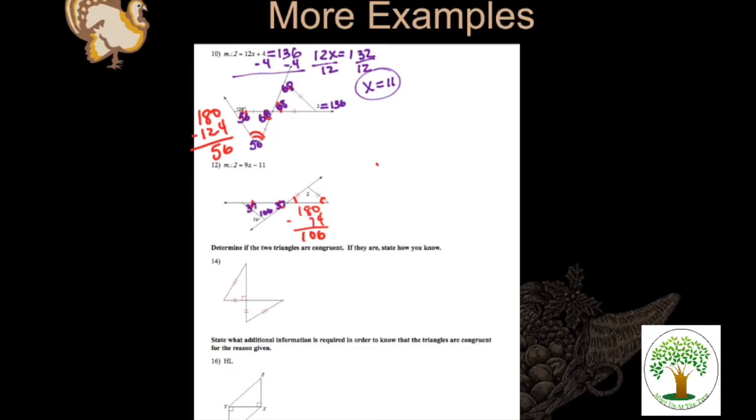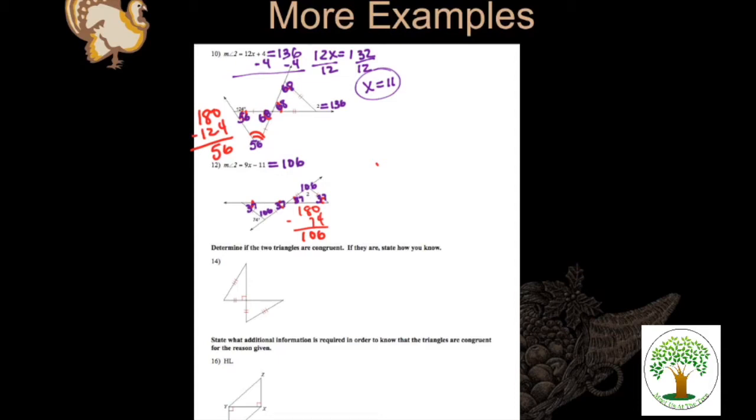Yes. All right. Remember, these two equaled each other. So this is 37. And this is 37. And so to figure out what number 2 is, it's going to be the same as that 106 because they all have to add up to 180. So 2 is 106. That means that 9x minus 11 is 106.